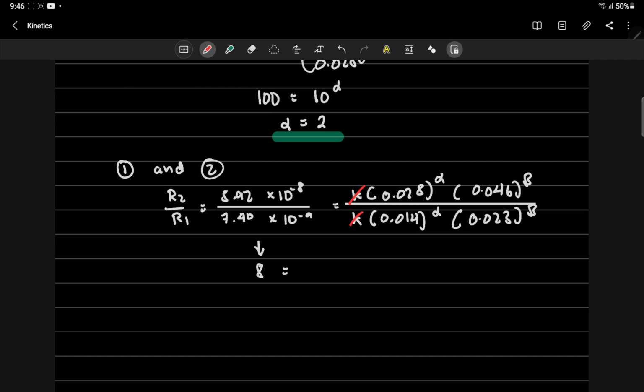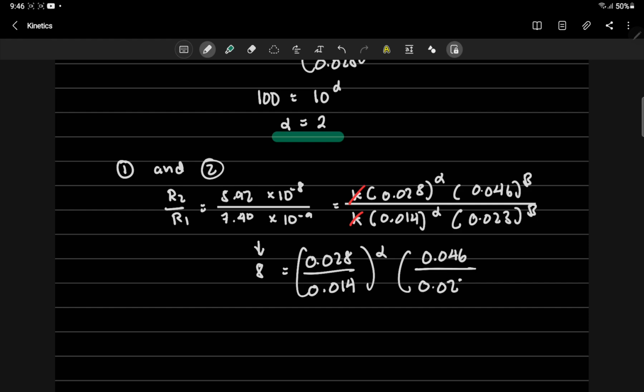But we can calculate this. So 0.028 over 0.014 will be raised to alpha. So I'm now trying to simplify the equation. And then on the other hand, we have 0.046 divided by 0.023 raised to beta.